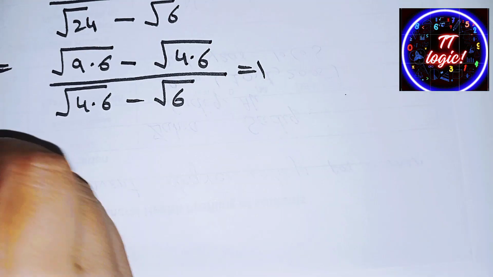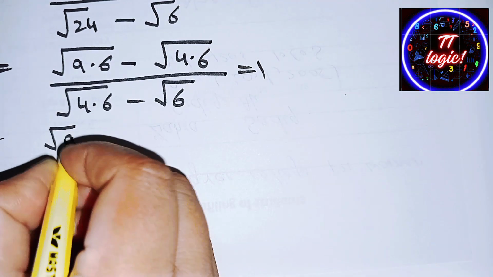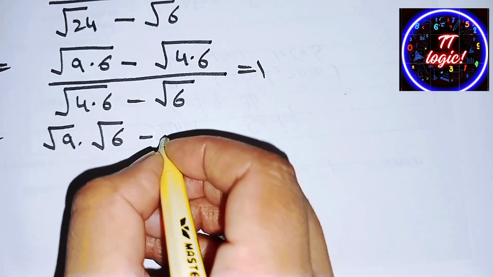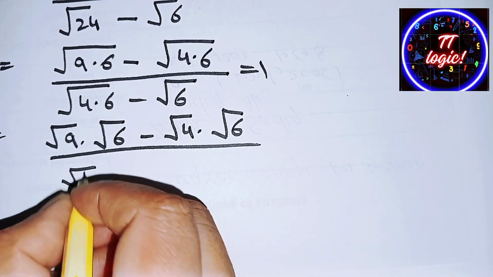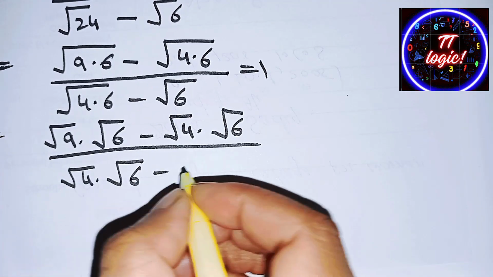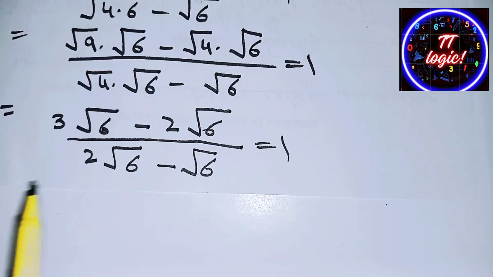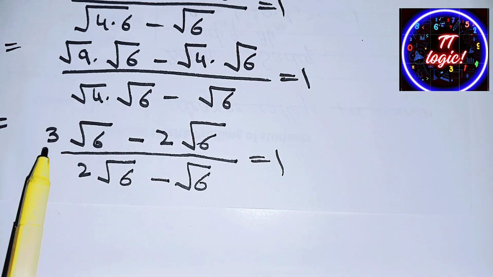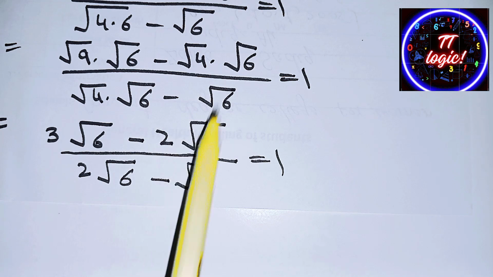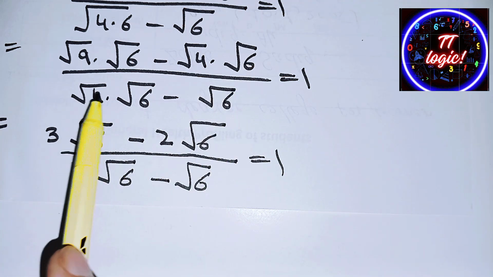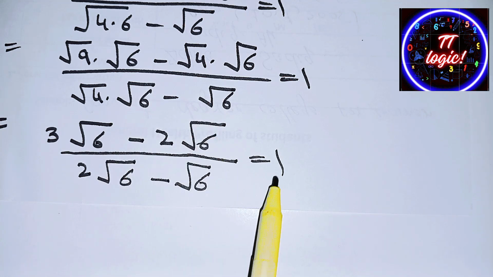In the next step we separate the square roots: (√9 times √6 − √4 times √6) / (√4 times √6 − √6) = 1. Here √9 is 3 times √6, minus √4 which is 2 times √6, over √4 which is 2 times √6 minus √6, is equal to 1.